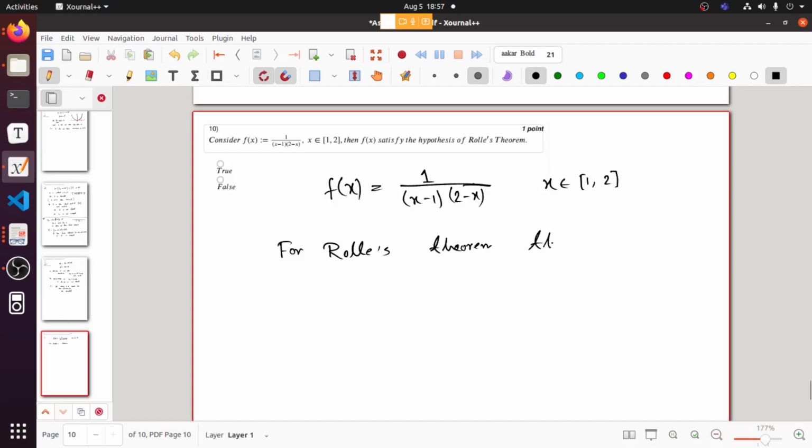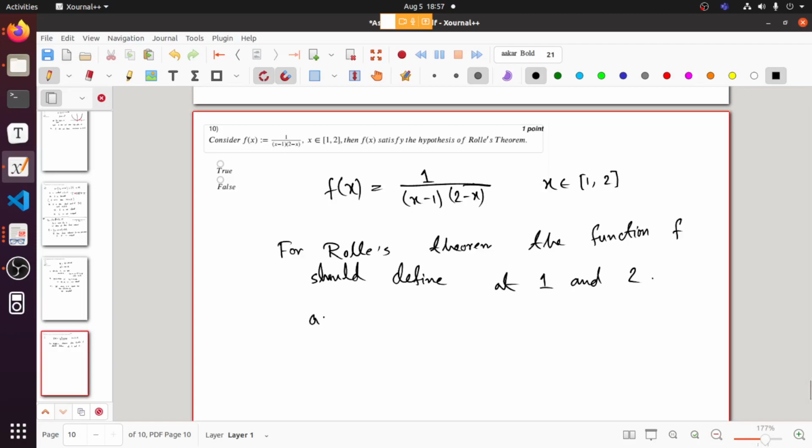For Rolle's theorem, the function f should be defined at 1 and 2, right? And the values should be equal. But here it is undefined. At the point 1, it's infinity, it is not a real number.